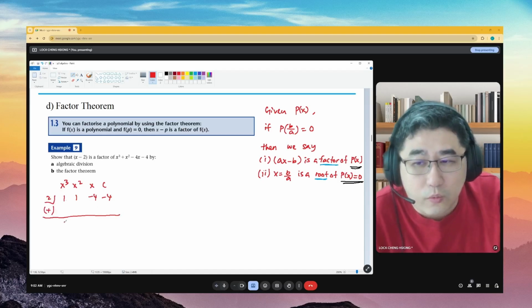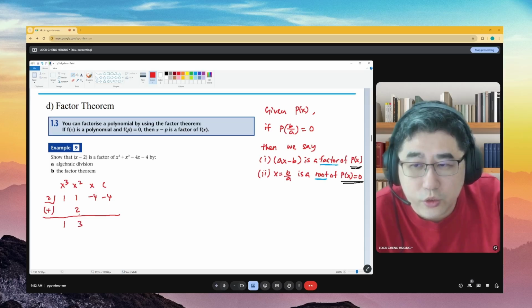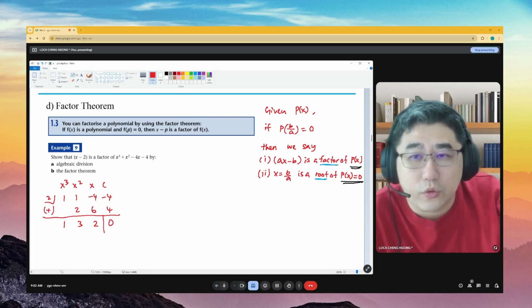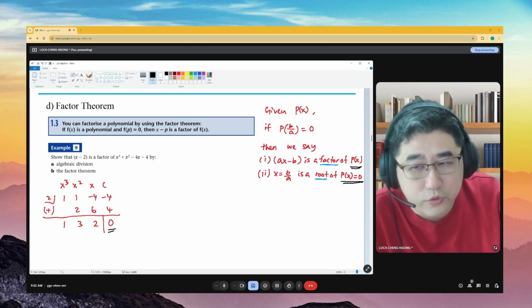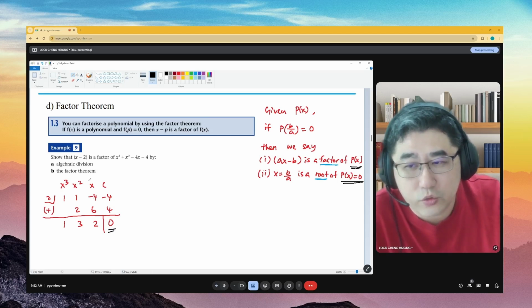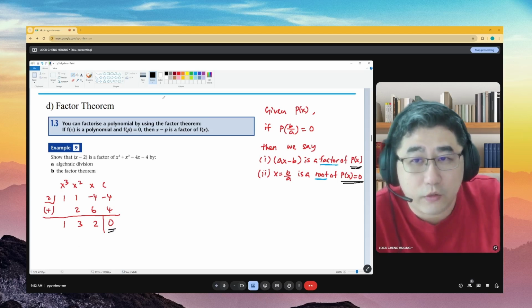So 1 I do not disturb. 1 times 2, 2, then this one is a 3. 2 times 3, 6, then you have 2. 2 times 2, 4, so you have a 0. You can see that they give you the remainder 0. Therefore, x minus 2 is a factor of it.